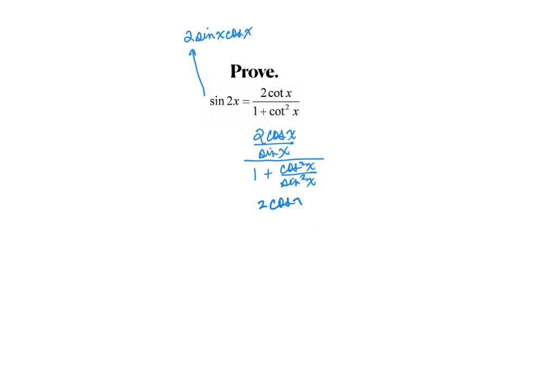Now remember I said that every single line that we write in an identity proof is exactly equal to the one before, so I have to rewrite the whole thing. And this is my favorite identity, the Pythagorean identity. Seeing that, I know that is 1, so I'm going to make that substitution.